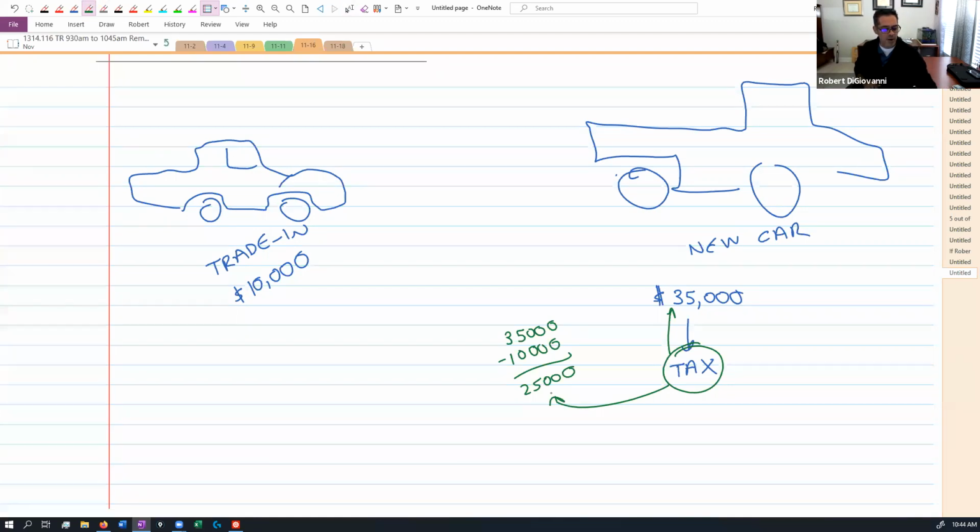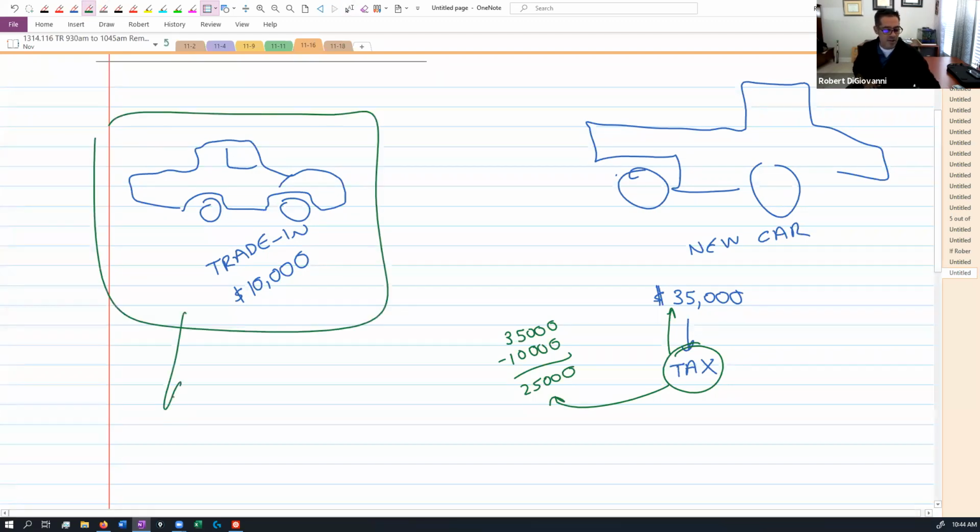Sometimes people don't want to trade their cars in. They'll try to sell them person-to-person, and maybe you can get 10,500 for it. That's only worth it if you make $500 more this way.